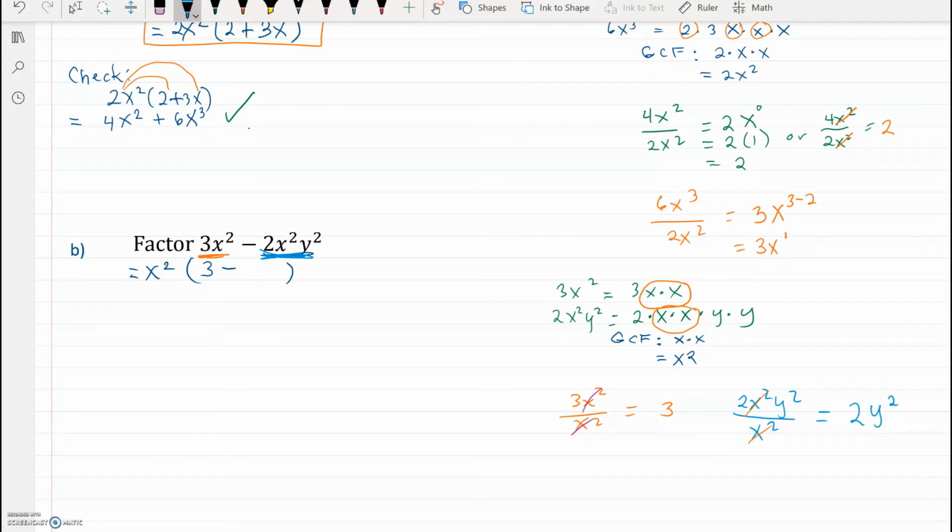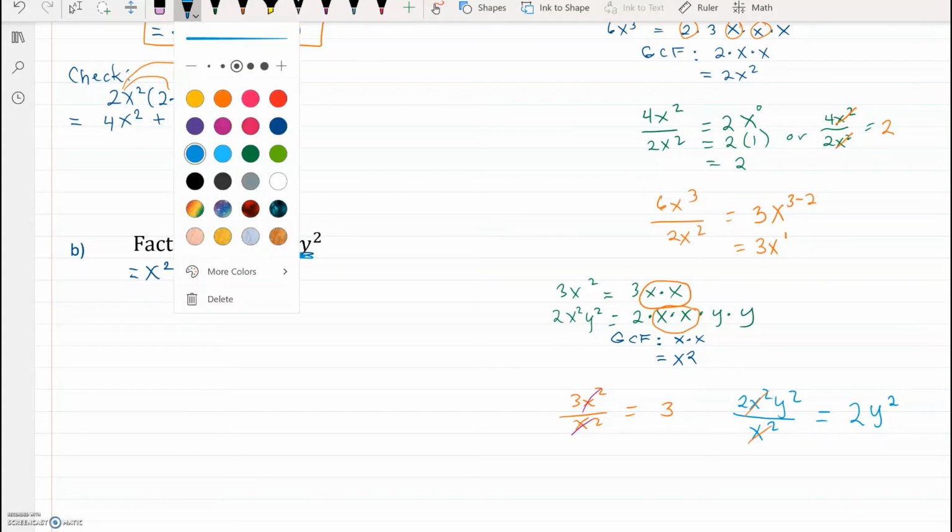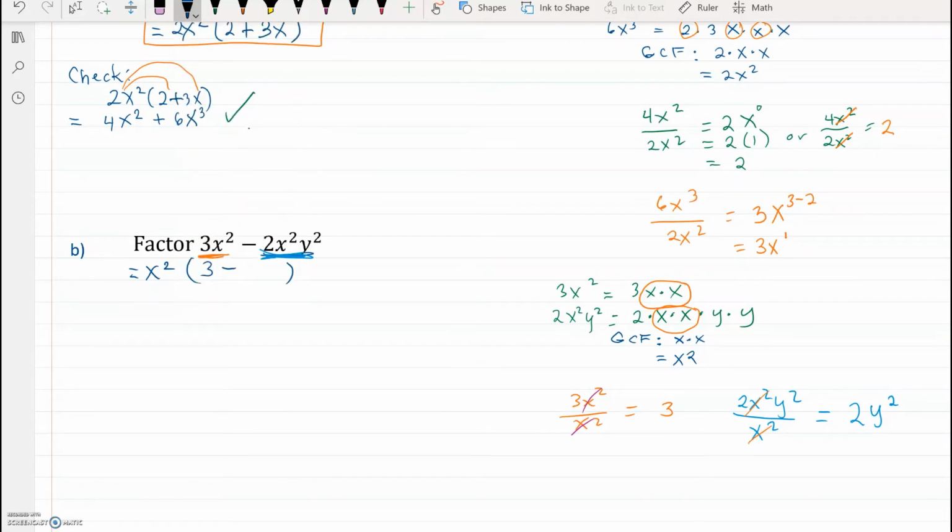So that means 2y squared would be my quotient when I divide the monomial 2x squared y squared by my common factor x squared. Okay, so I'll get 2y squared. And then to check, to determine yourself if you got it right or wrong, multiply it.